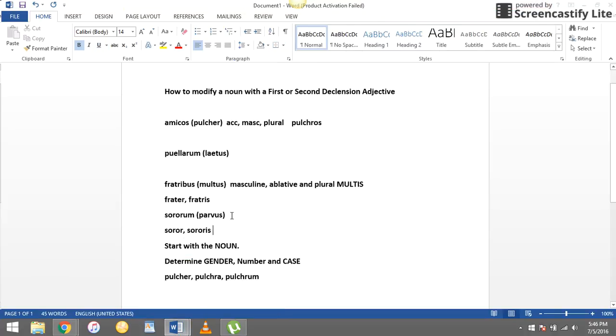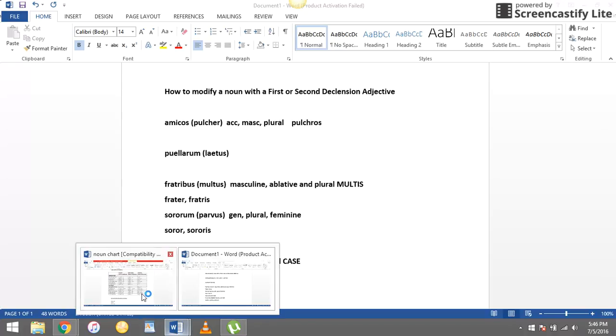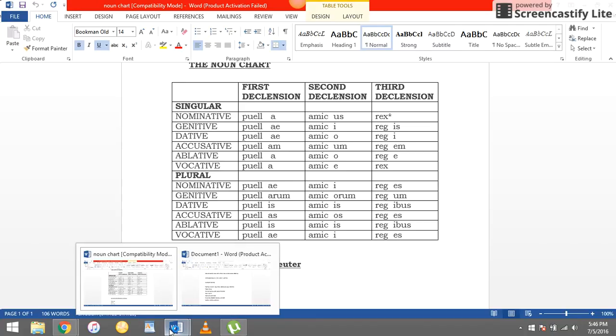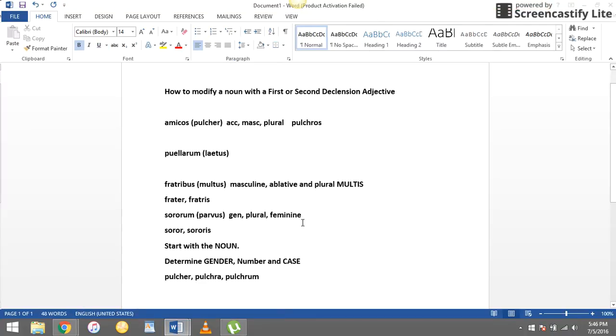So we know we're going to need to make parvis genitive, plural, and feminine. Well, how do we do that? Well, we go back to the noun chart, look at the feminine endings, genitive plural, it's ARUM. So that's the ending that we're going to add to our adjective. So parvis becomes parvarum.